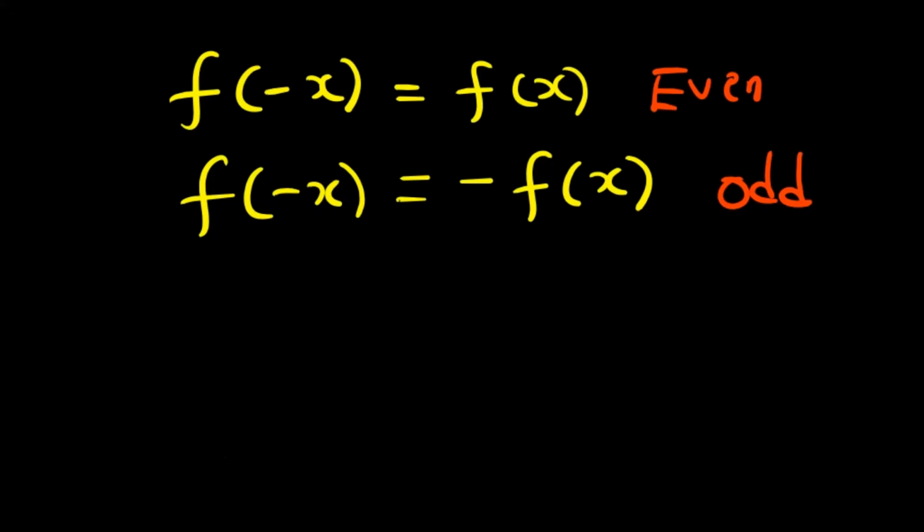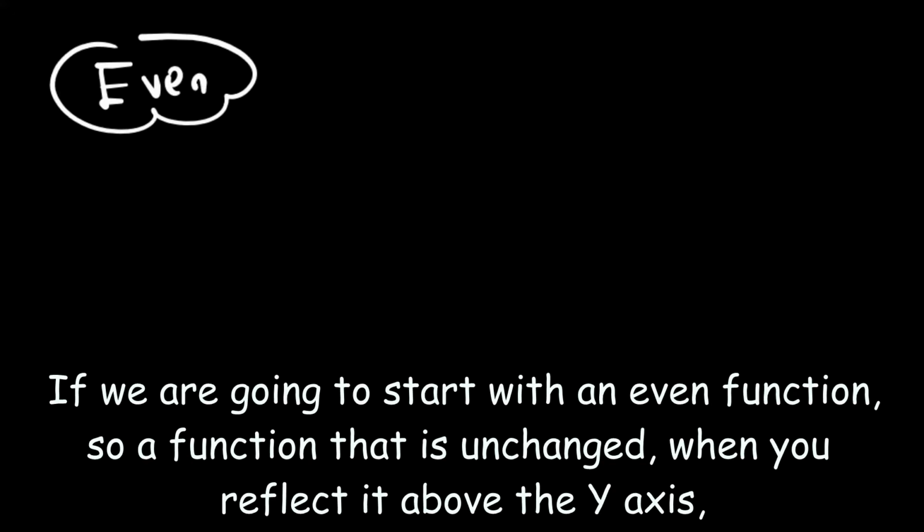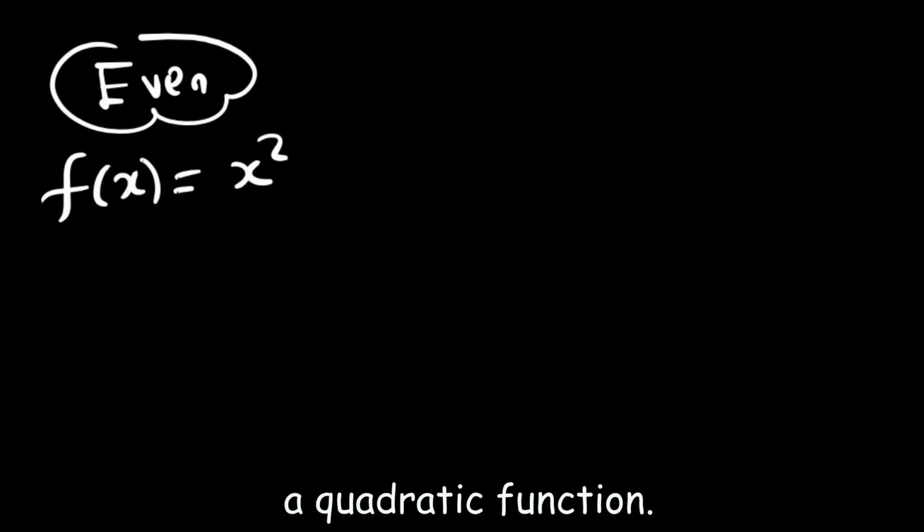Now how do these ones come about? If we're going to start with an even function, a function that is unchanged when reflected across the y-axis is what we call an even function. For example, f of x is equal to x squared, a quadratic function.